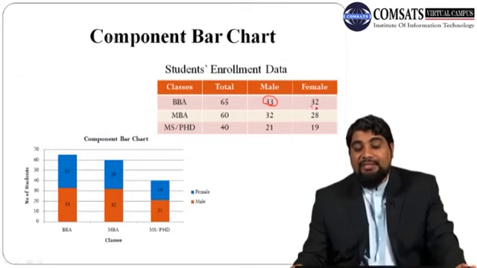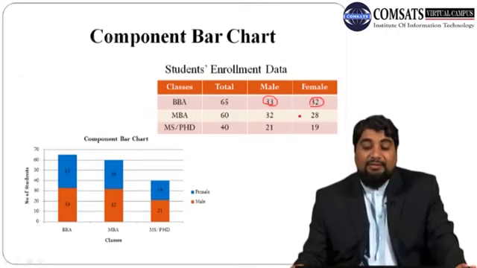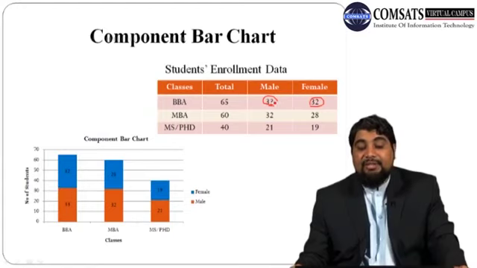Then there are 32 female students. Now start counting the number of female students from the point where we ended with male students. Start with 33 and move up 32 units.